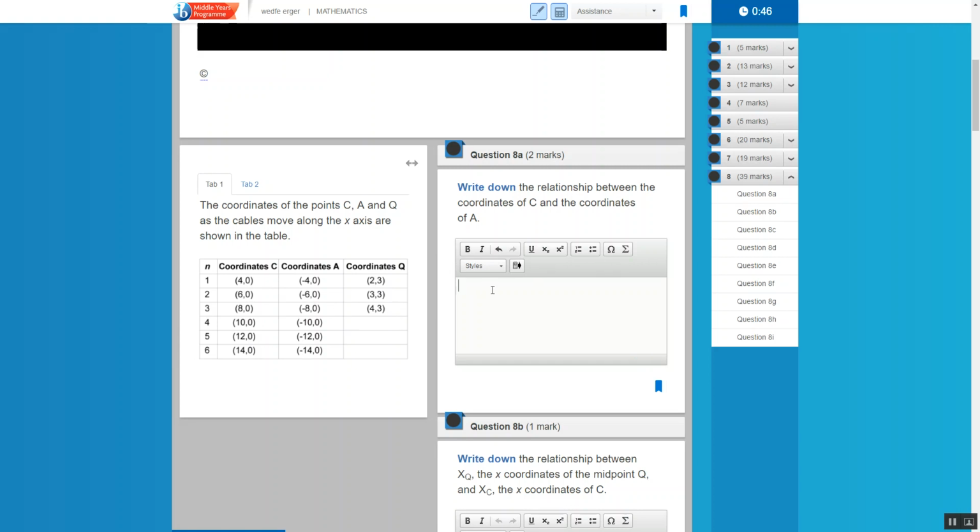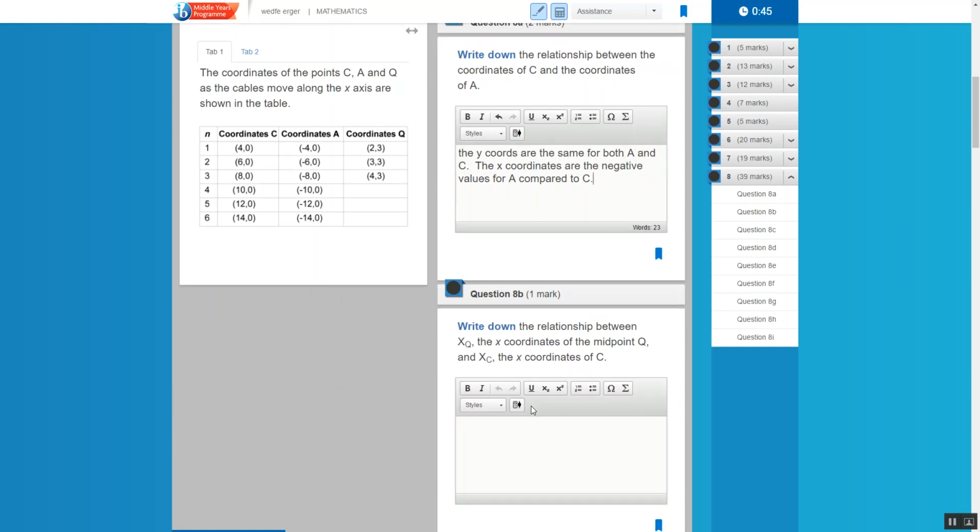So the y coordinates are the same for both A and C. The x coordinates are the negative values for A compared to C. Okay, we're talking about x, so you have to be specific about which ones we're talking about.